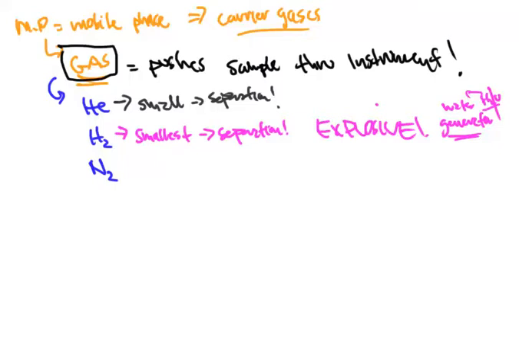That's what we want to do. That's why we're running it in the GC in the first place, right? So if hydrogen is small, helium is just a little bit bigger. Hydrogen does a good separation technique. Helium does a good separation technique. Hydrogen's explosive, but helium is very inert.